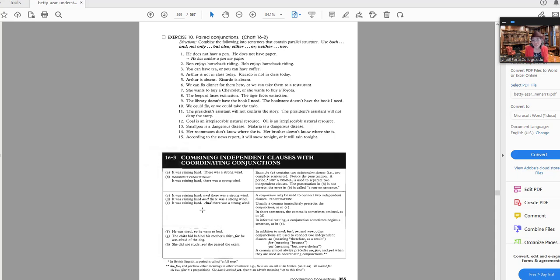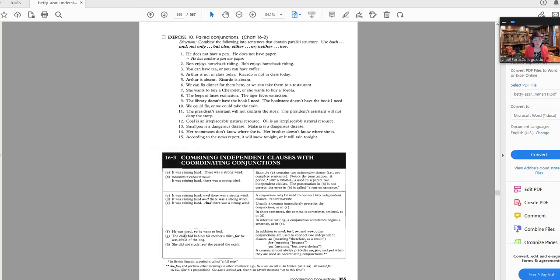In addition, there was a strong wind. So that sounds much more formal for an academic research paper. So in order to avoid having too many and in your sentences, I always tell students to use transition words of addition. We're going to study transition words of addition and opposition and consequence in the next chapter. So right now we're just focusing on coordinating conjunctions.